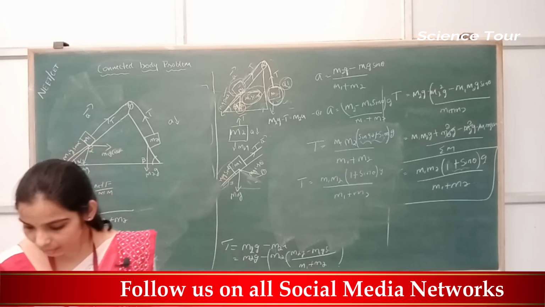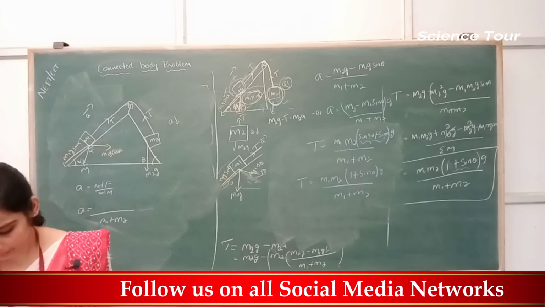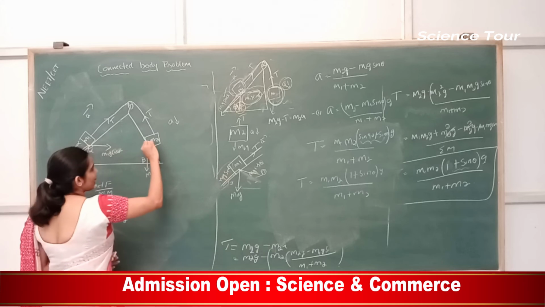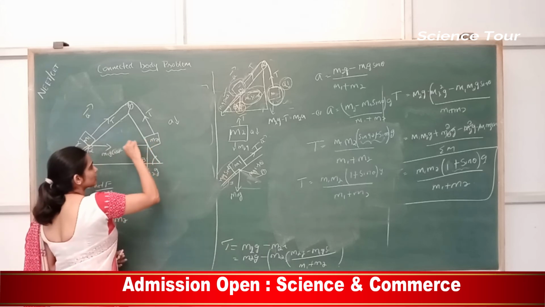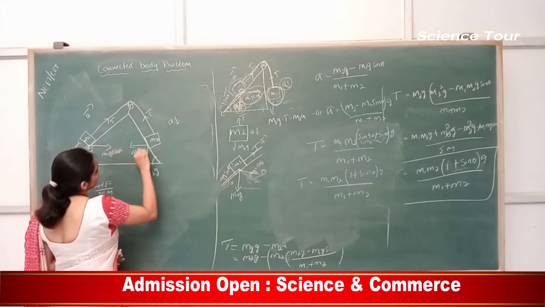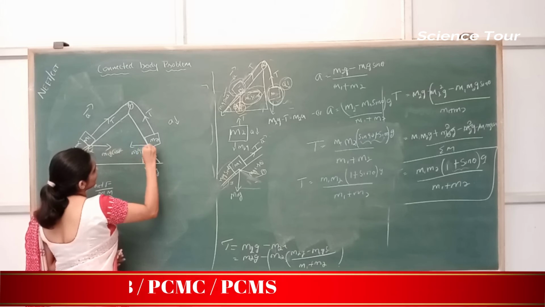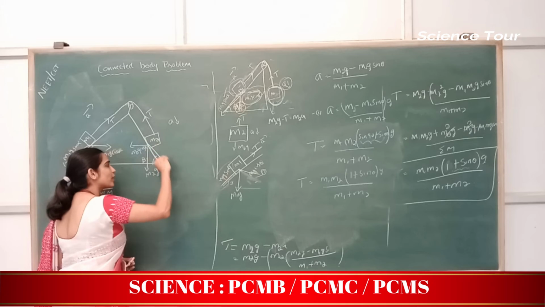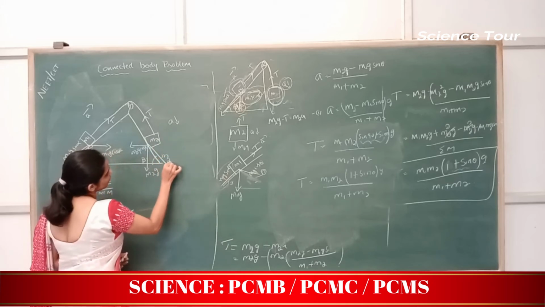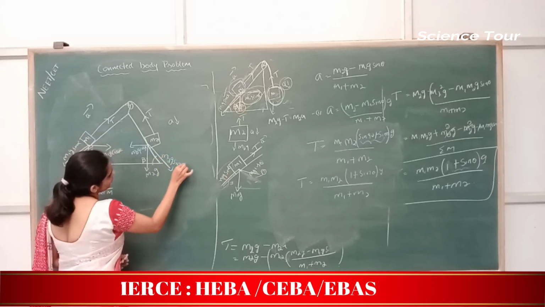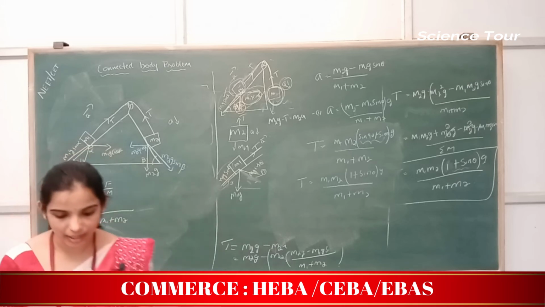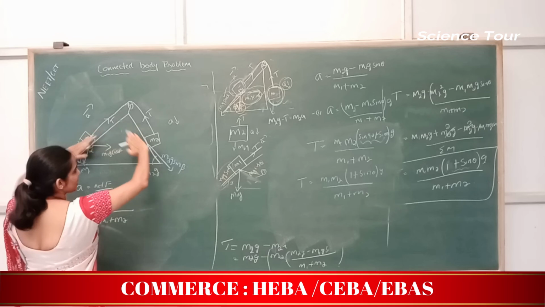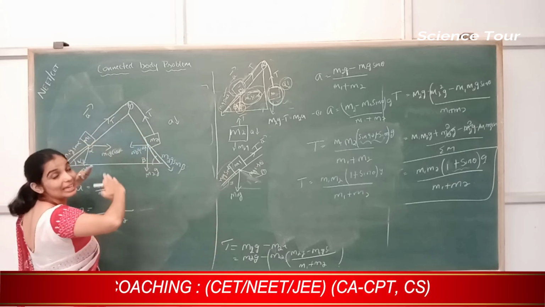Okay. Then how about this m2? So along the x-axis m2g cos beta, because if this is beta, this should also be beta. And along here m2g sin beta. Am I clear now? Okay. m1 and m2 are placed on an inclined surface.